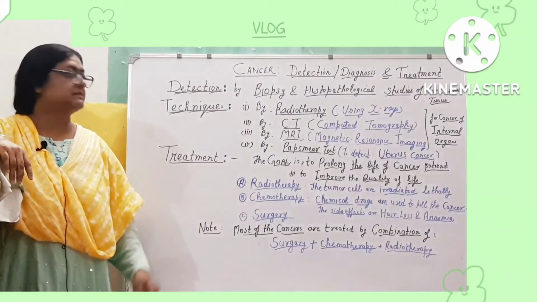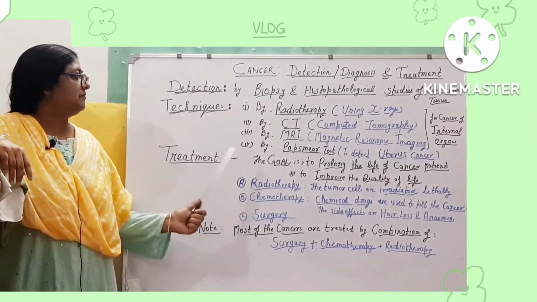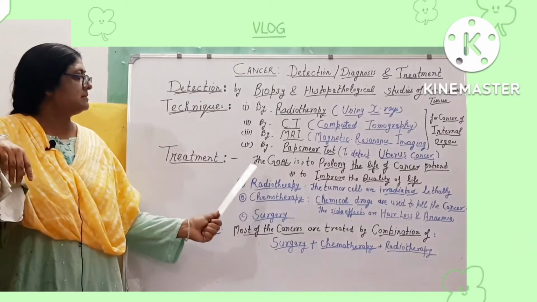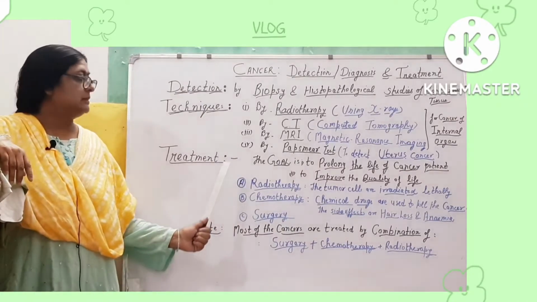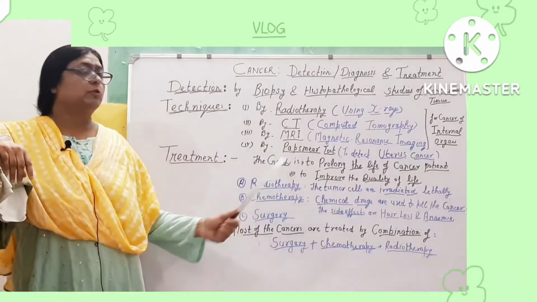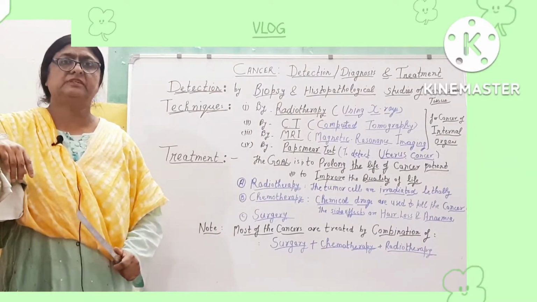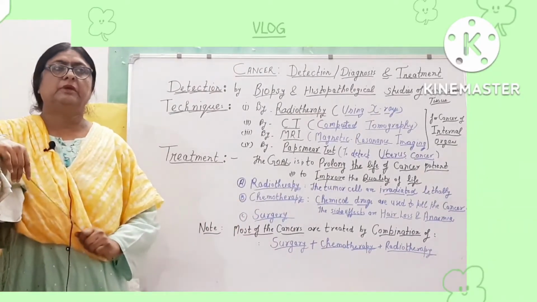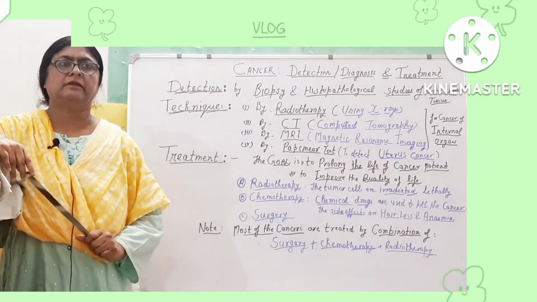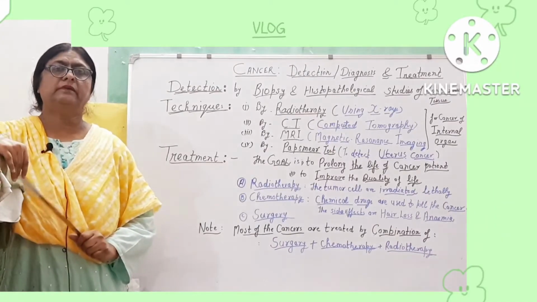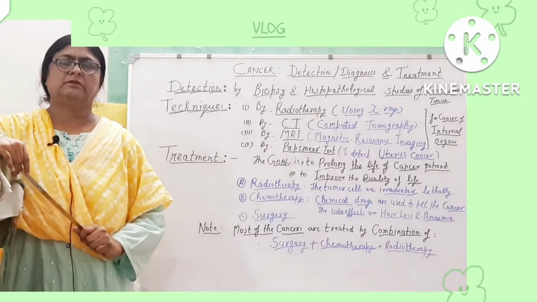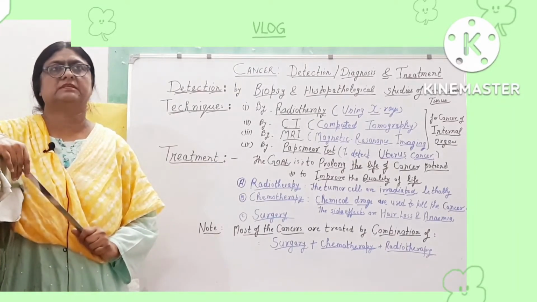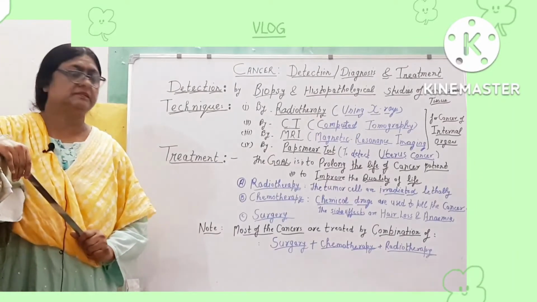As we are discussing different techniques and then the treatment, the goal is to prolong the life of the cancer patient or to improve the quality of life, because so far in the entire world there is no 100% treatment for the cure of this disease in human beings.